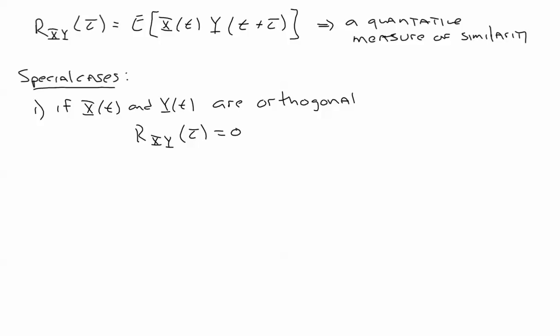Okay? If x of t and y of t are orthogonal, then the cross correlation is always equal to 0.